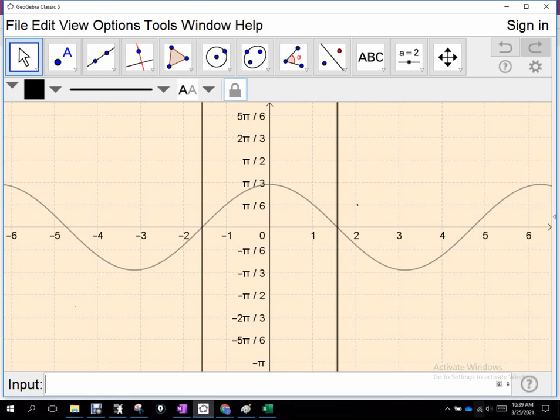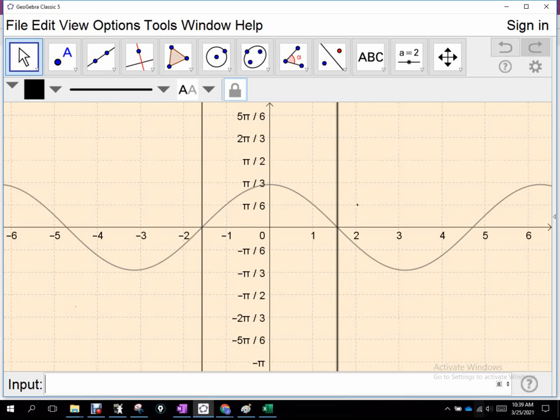Okay? But didn't we say that it's a shift of 90 degrees, or a shift of pi over 2. Let's shift those asymptotes pi over 2 to the right. Now you could go pi over 2 to the left, but it's just easier or more logical to go to the right.